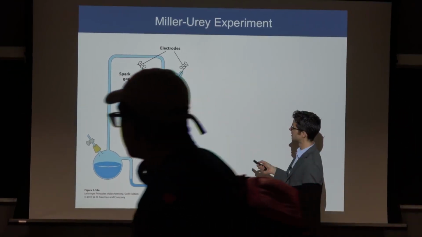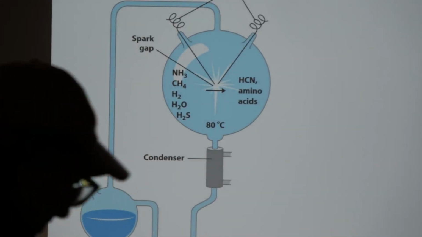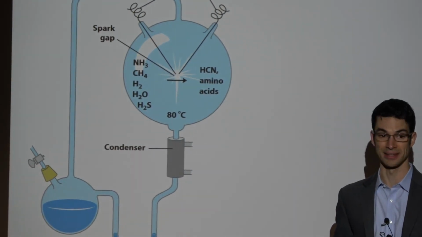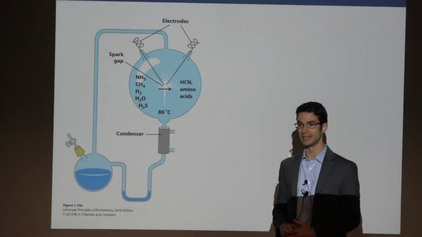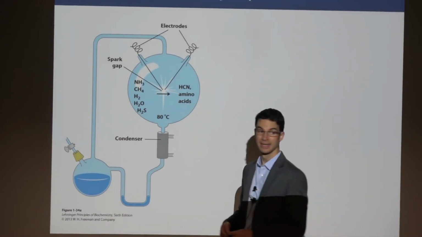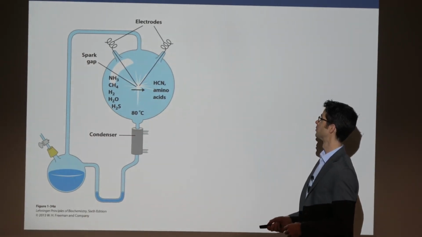The energy produced in this arc was enough energy to produce amino acids, and several variations of this procedure have been performed after this, and have even produced some of the DNA nucleosides as well. Not this exact experiment, but other similar ones.